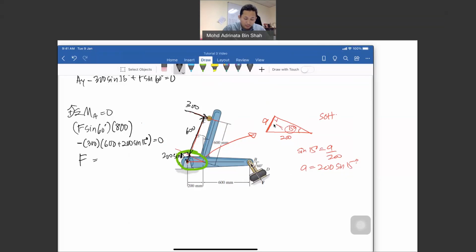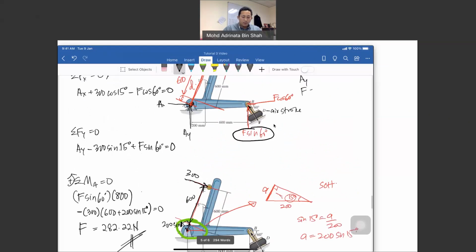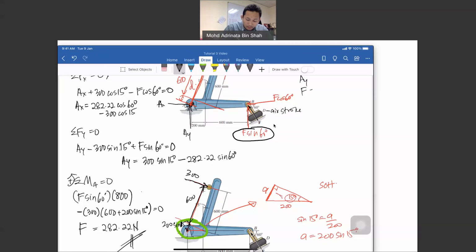F is equal to 282.22 Newton. And then you can solve your AY equals 300 sine 15 degree minus 282.22 sine 60 degree, and AX is 282.22 cos 60 degree minus 300 cos 15 degree.